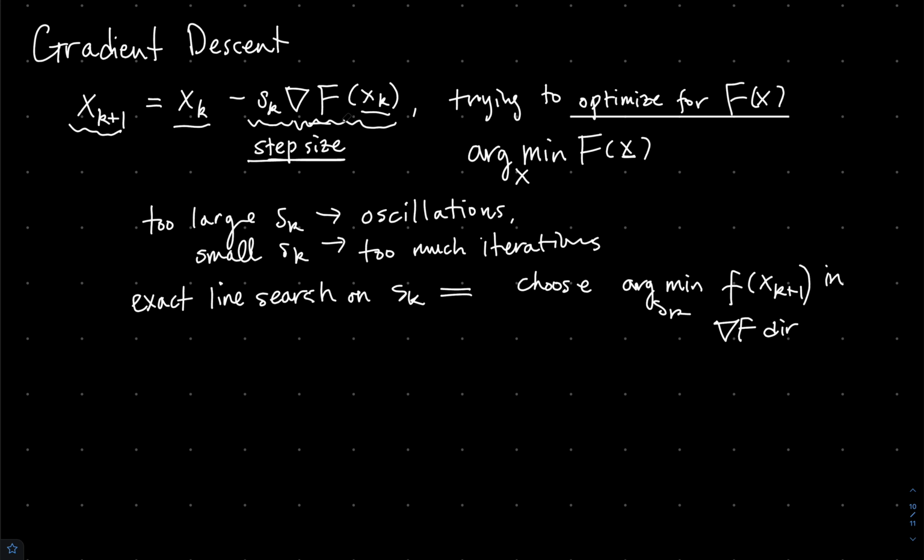So we have this direction, and in this direction we search for some point that corresponds to the sk value that gives the best f of xk plus 1, right?